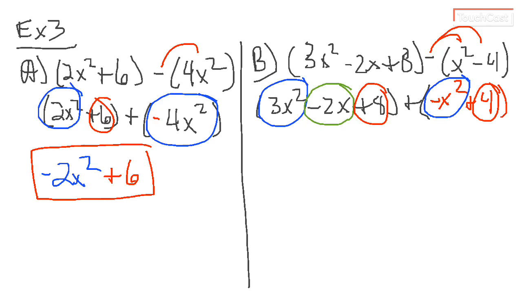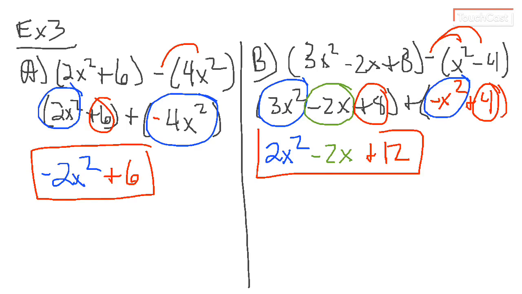If I have 3x squared and I add a negative x squared to that, it's like 3x squared minus x squared. We're going to have 2x squared. Now I have nothing to combine with this minus 2x, so I'm just going to bring that down. And then 8 plus 4 is going to give us a plus 12. So 2x squared minus 2x plus 12 is our answer to that.